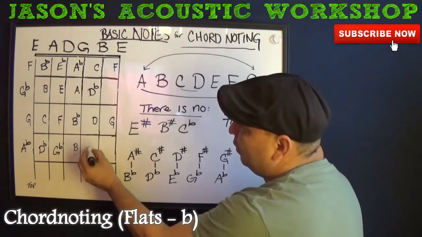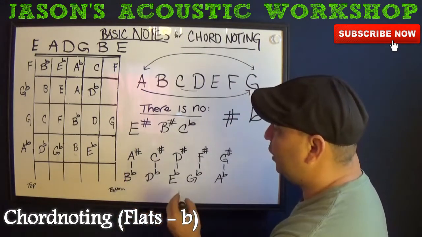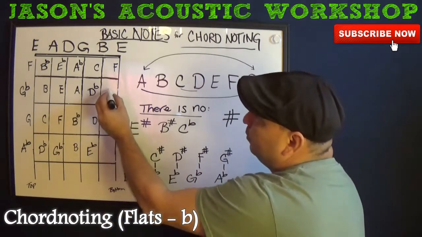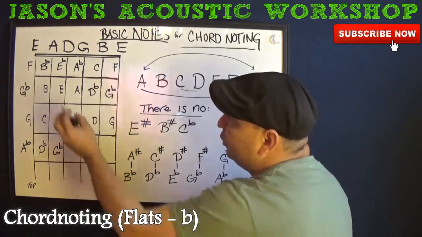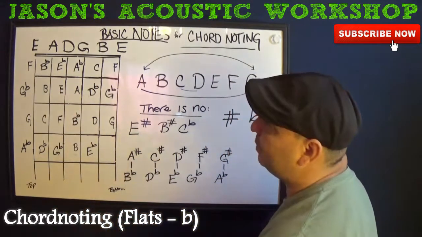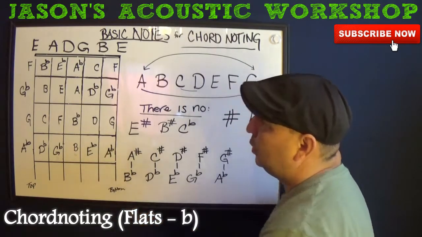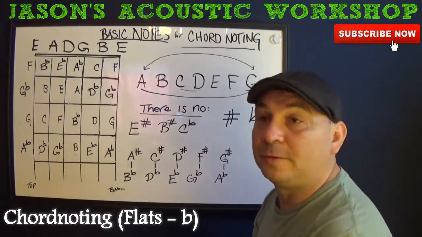See, it's always good to have a reference, especially when you're learning. Have the reference right here. Okay? F sharp, nope. It's G flat. And it's the same. The E string on the bottom is the same as the E string on the top. And there you go. There's the first 4 frets of the guitar.